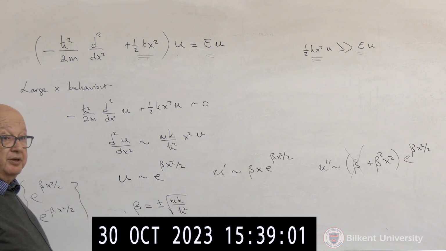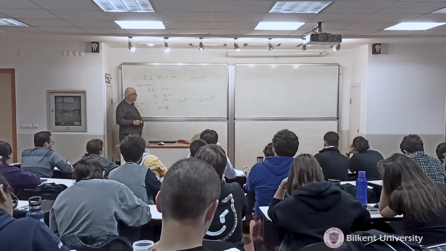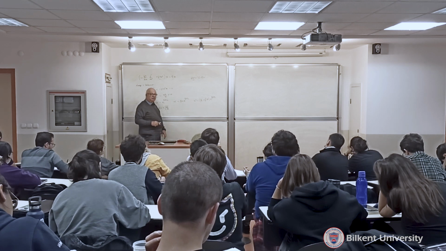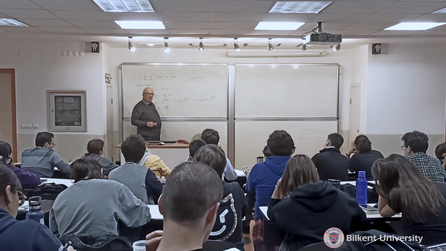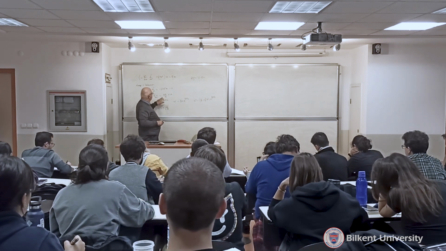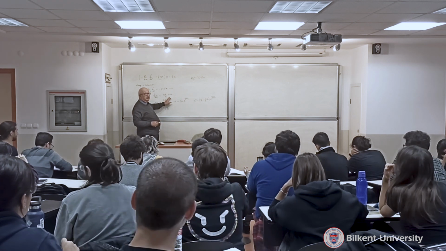Yes? How can we determine that u has that kind of solution, beta x squared divided by 2? Just guess it. We just guess it, and then we find out that it is so, because we are not solving this equation formally here.